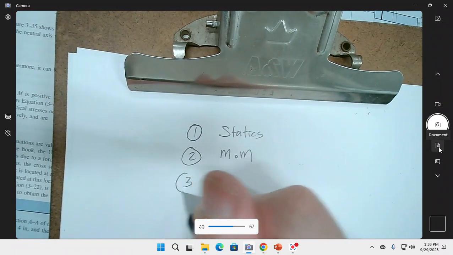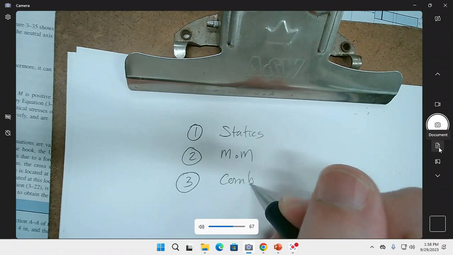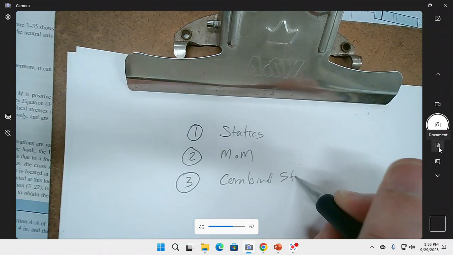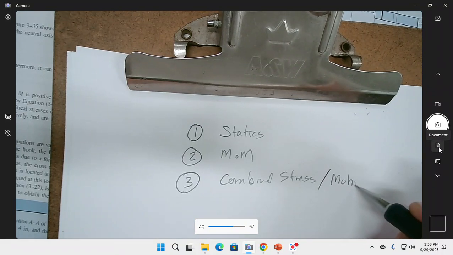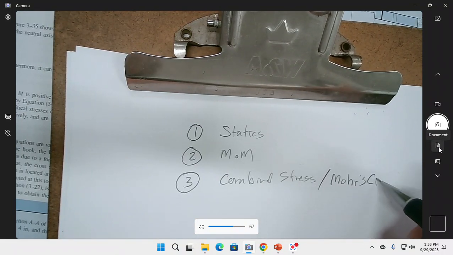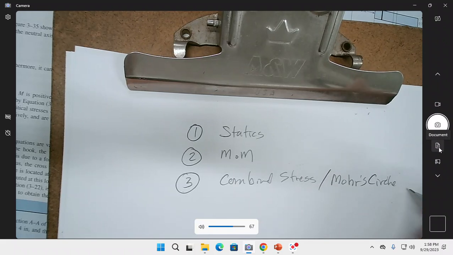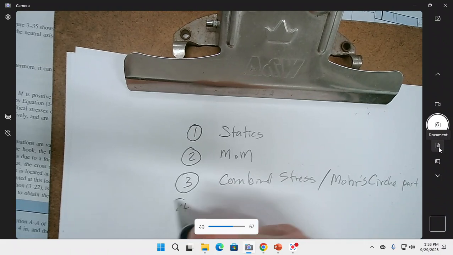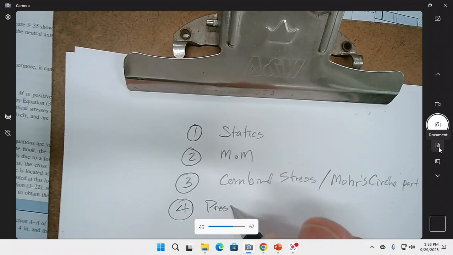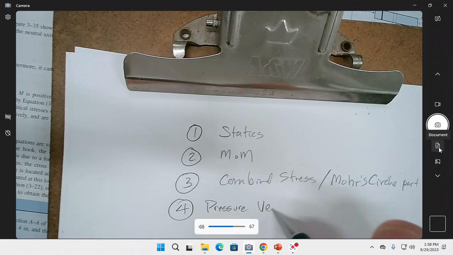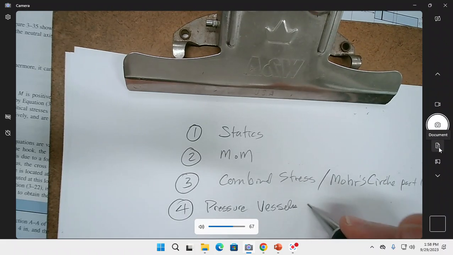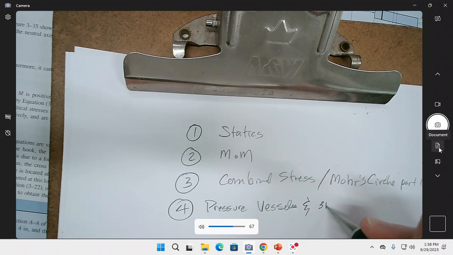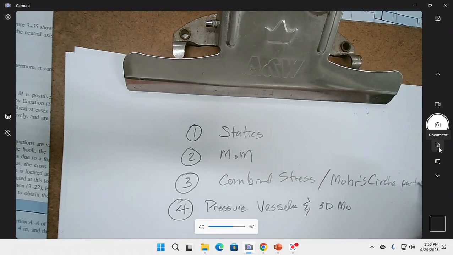Then we did combined stress, and that was combined stress and Mohr's circle, part 1, if I remember. And then we did pressure vessels. Am I telling the truth here? Is that your recollection? And 3D Mohr's circle, which was part 2 of Mohr's circle.